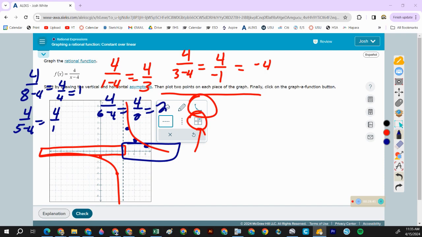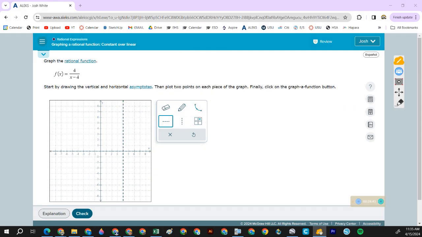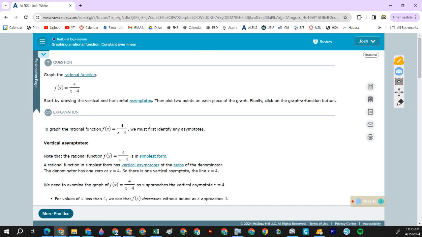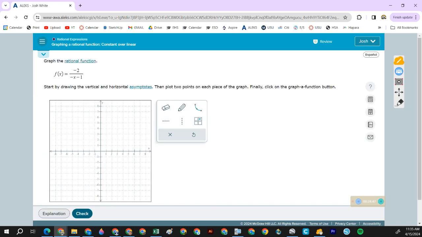Okay, let's do another one. All right, so negative 2 over, I'm going to pull out a negative 1, and I get x plus 1.